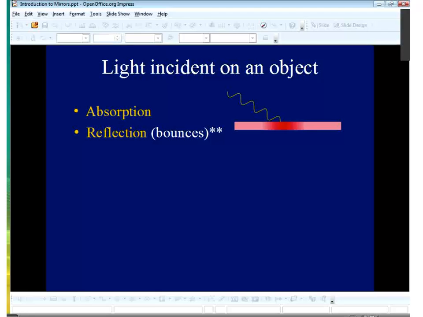Why does a red color rose look red? It is because of absorbing other colors.